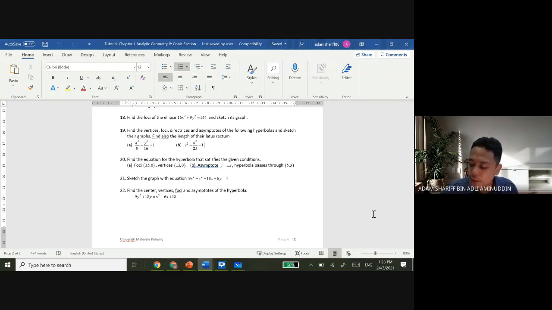Try to complete the square here. 9 times (x plus 1) squared, since x squared plus 2x equals (x plus 1) squared minus 1. Then minus y squared plus 6y equals 4, and then expand.